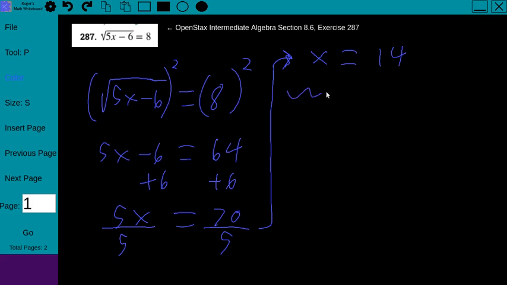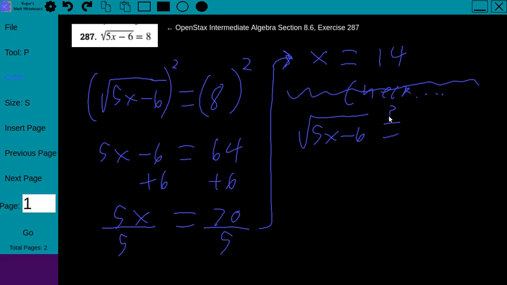So I'm going to go through a little bit of a check here with the remainder of this space. I'm going to write the original square root of 5x minus 6. Does that equal 8? That's the question we're asking. So now we plug in the 14 for x. So we will have the square root of 5 times 14 minus 6.